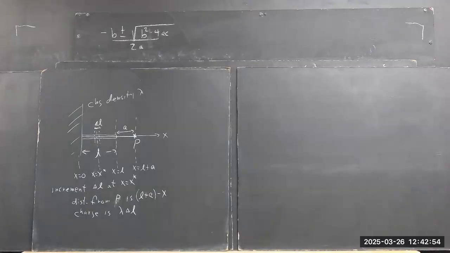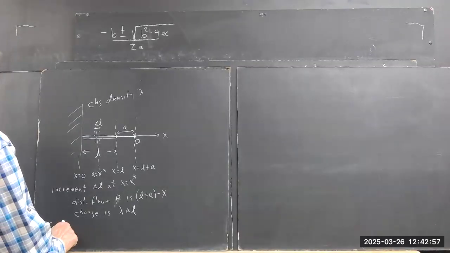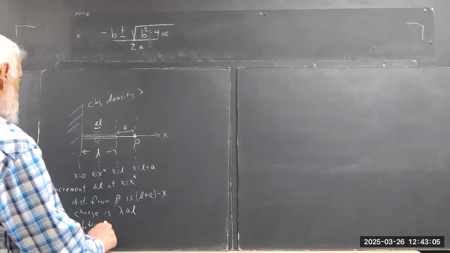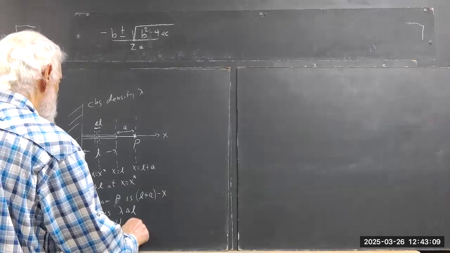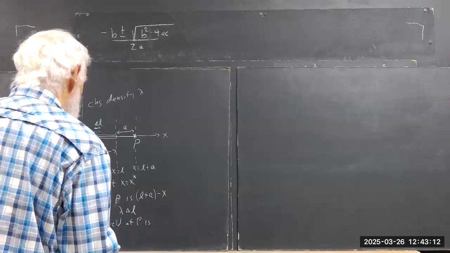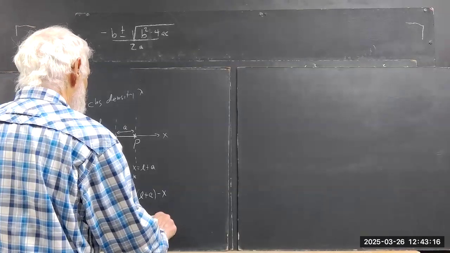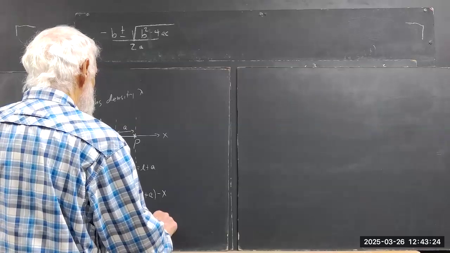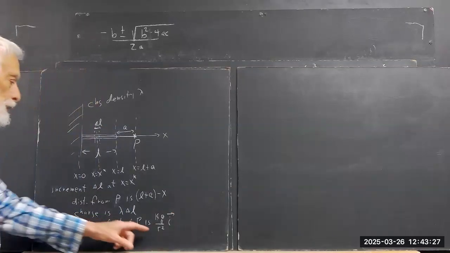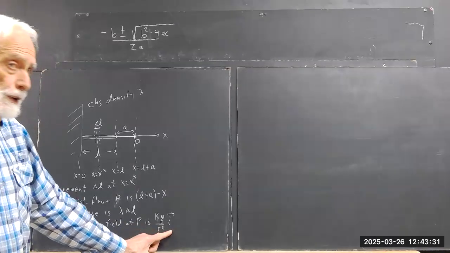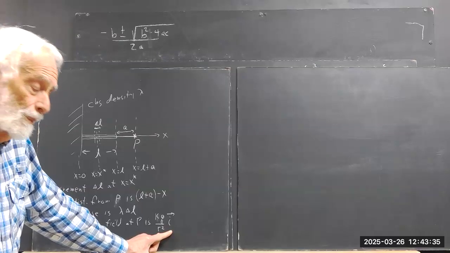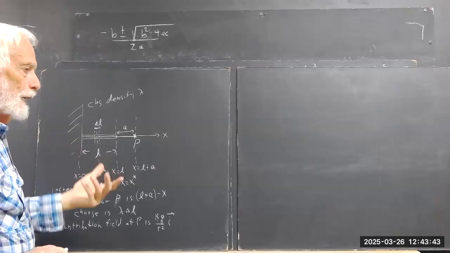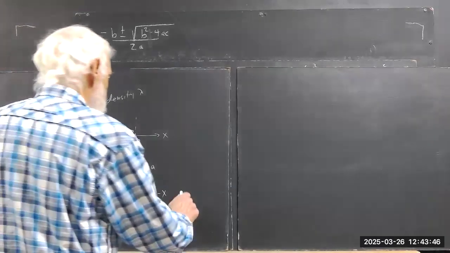Q is lambda delta L. The field at P is kQ over R squared, obviously times the i vector, because your R vector would go from here to here in the i direction, and then you would divide that by the magnitude of the R vector.